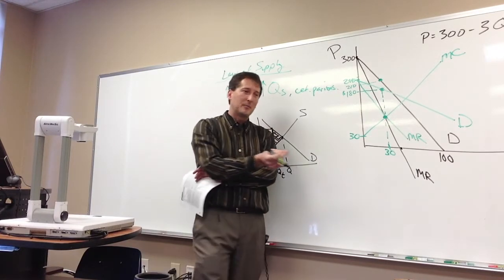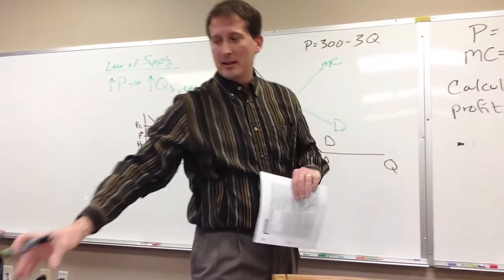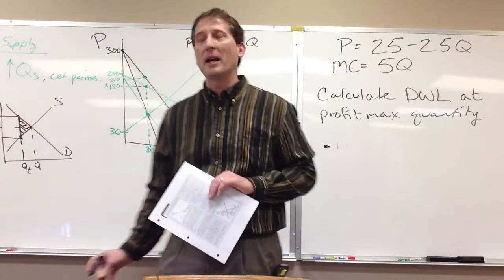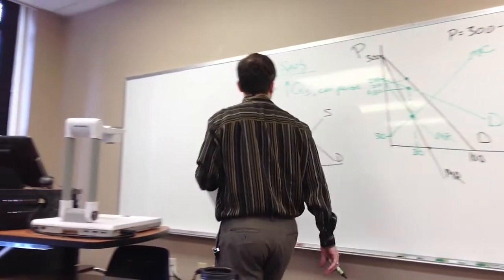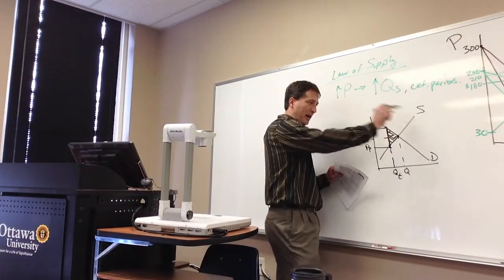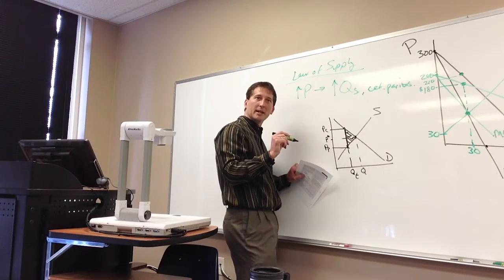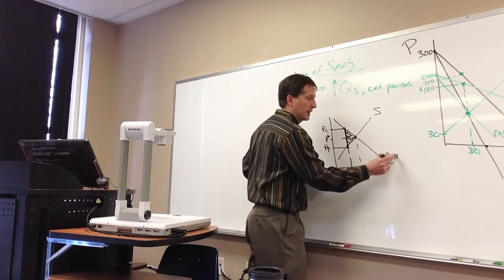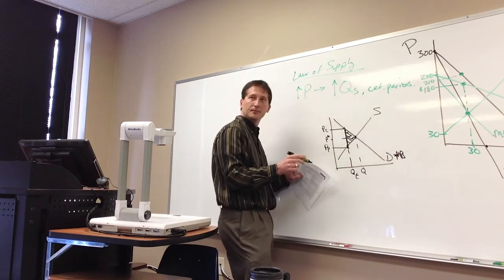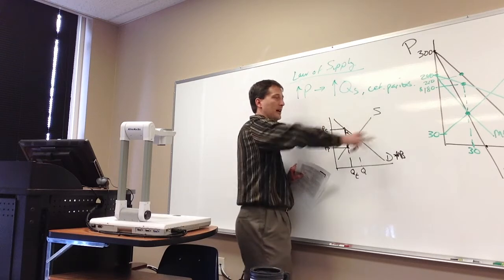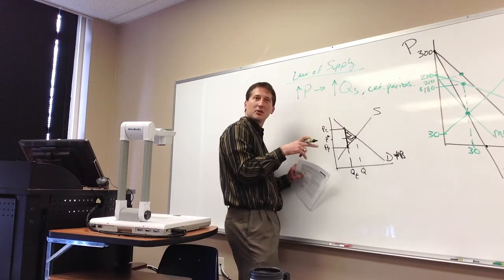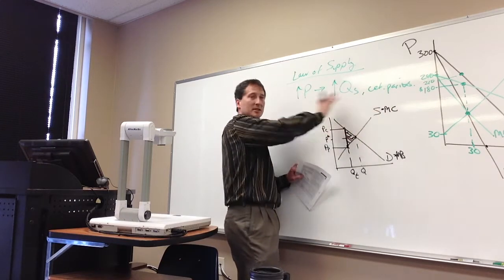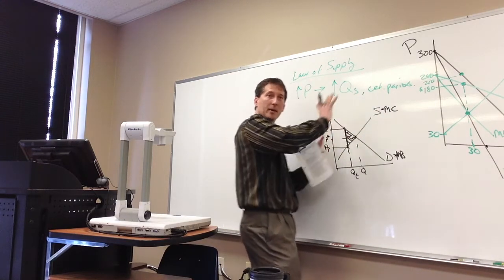What did we need for a quantity to be allocatively efficient? What was true about the benefits and costs of marginal benefit equals marginal cost? So the benefit of the last unit produced is equal to the cost of the last unit. I don't see a marginal benefit curve up here. What is reflecting the marginal benefits? The demand. The demand curve is the marginal benefit curve. I don't see a marginal cost curve up here. What's the marginal cost? Supply. Now, that's where we start to depart from the monopoly situation.